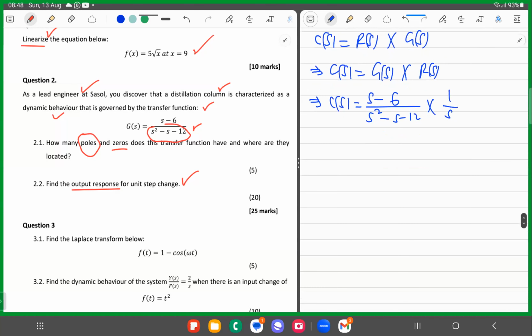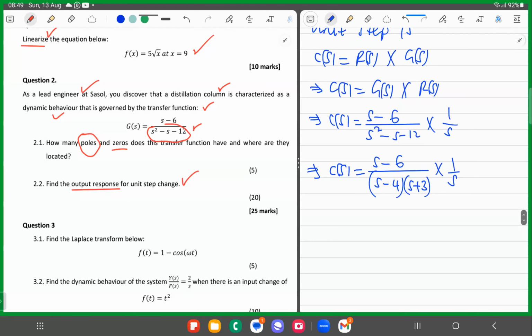Okay, so now this is C of s, s minus 6 divided by s minus 4, factorizing the denominator into s plus 3, multiplied by 1 over s.